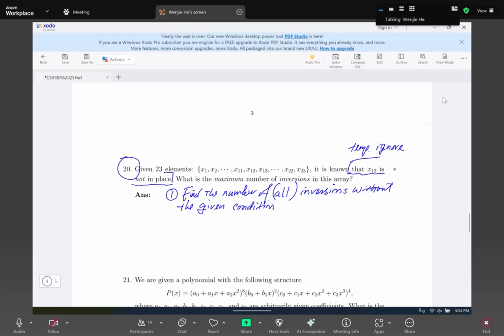We have a formula. Remember? You can go back and look at our notes. Module 2. Inversion is in the bubble sort.